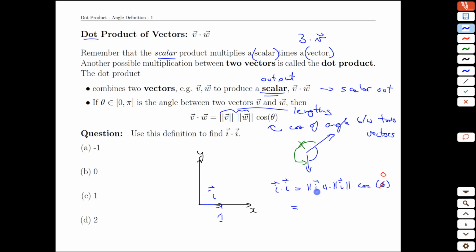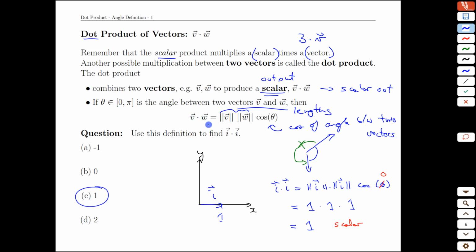Then the length of i is 1, the length of i is also 1, and the cos of 0 is also 1. So the dot product of i with i gives us the value 1. And note again that this is a scalar value that we get back. So that points to C as the correct answer for this particular question.